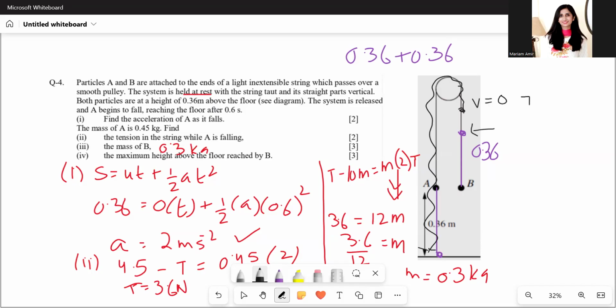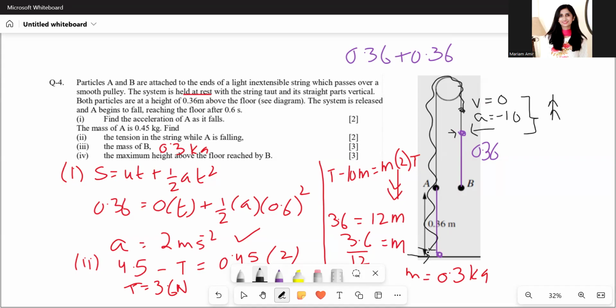Since the string is not taut, that is, it is slack, here the acceleration is going to be the free fall acceleration, which is minus 10. Now, the speed of B here is going to be the same as the speed of A as it hits the ground. Do we have this value?